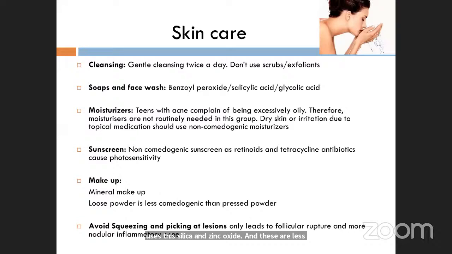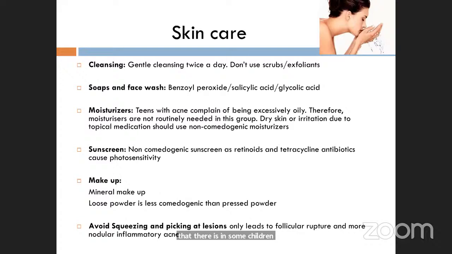Also, if they want to use foundation, then loose powder is better than pressed powder. And baseline rule for skin is that anything that you use and you feel it is making matters worse, just discontinue.